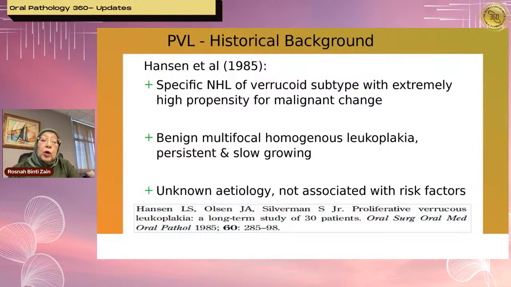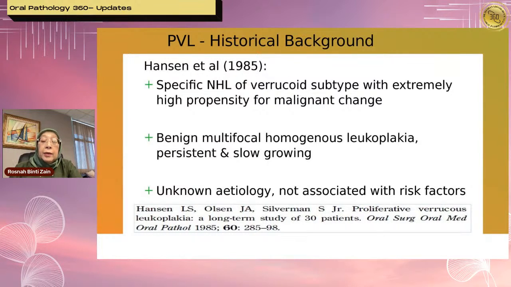So, going back historically, the first publication was by Hansen et al. in 1985, where he described a specific non-homogeneous leukoplakia of verrucoid subtype with extremely high propensity for malignant change. He also noticed benign multifocal homogeneous leukoplakia, persistent and slow growing, of unknown etiology.